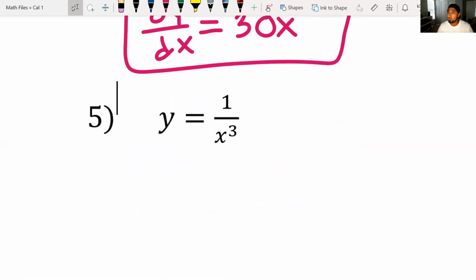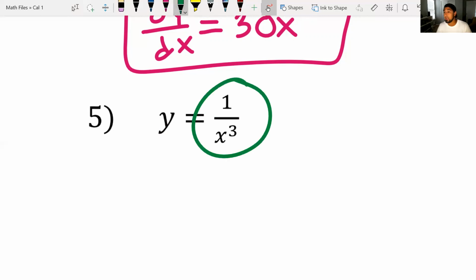Example 5, y equals 1 over x cubed. Before we take the derivative, we must rewrite this because we do not know how to take the derivative in this form yet. So we are going to manipulate it using algebraic properties. See, algebra is still a part of all of this. We're going to use the negative exponent rule.